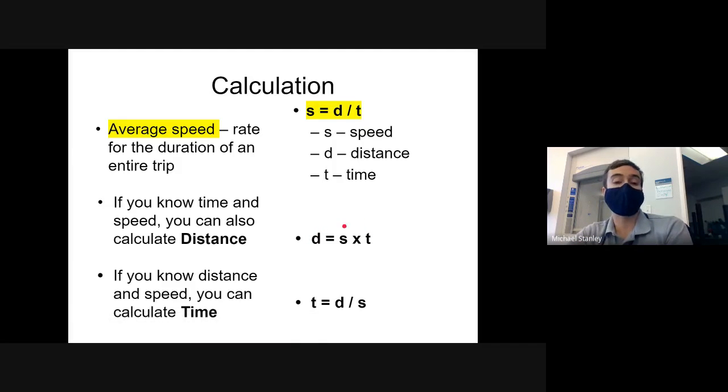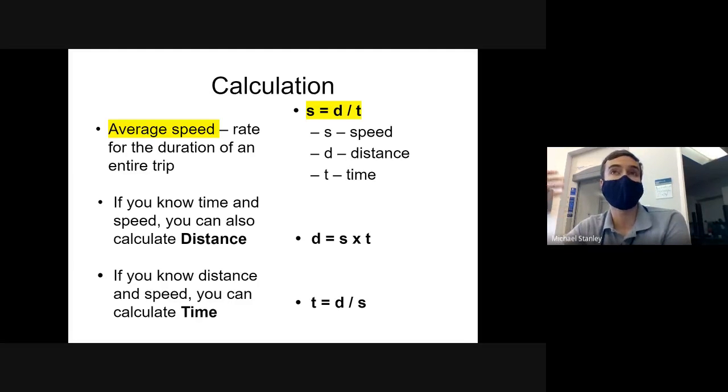If something was traveling at 3 meters per second and it was doing that for 10 seconds, then we could do speed times time, 3 times 10, and figure out that we traveled 30 meters in that time.